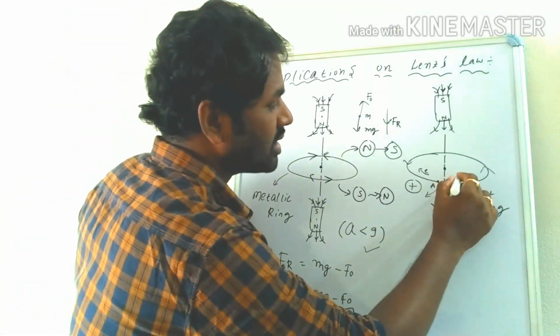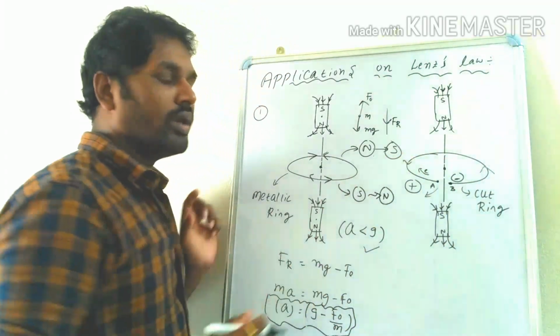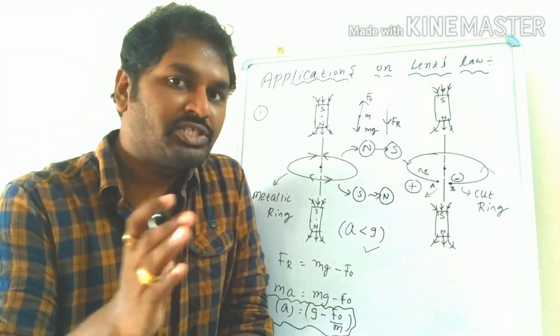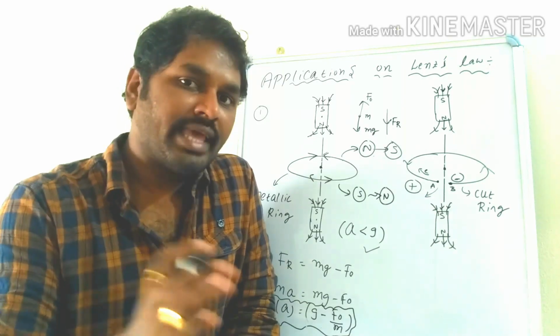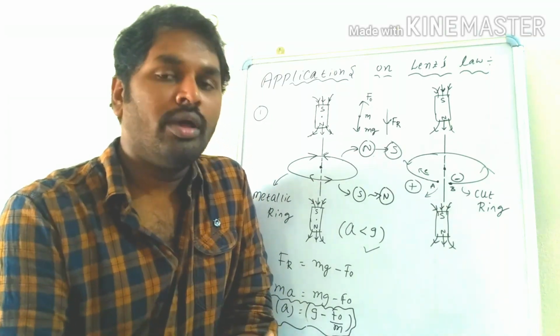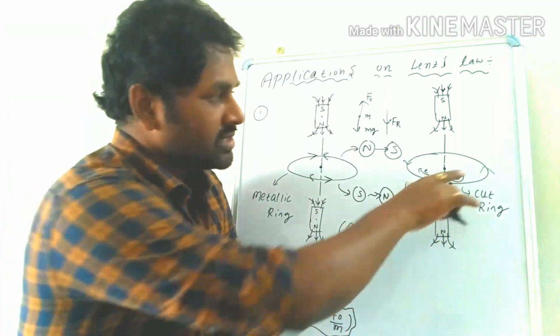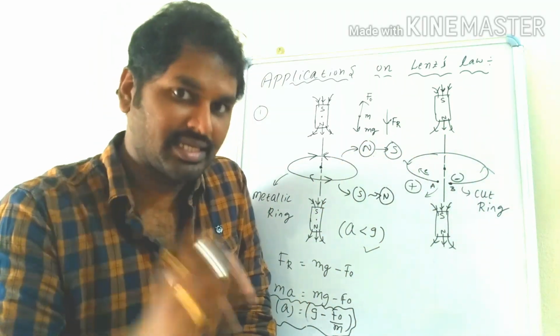We can take it as negative. So in this way, you will get the potential difference between the points A and B, but there will be no induced current. But still I am showing the direction so you can understand.